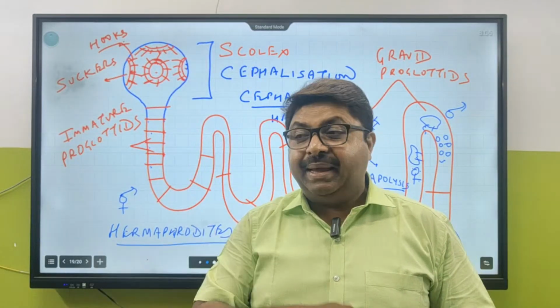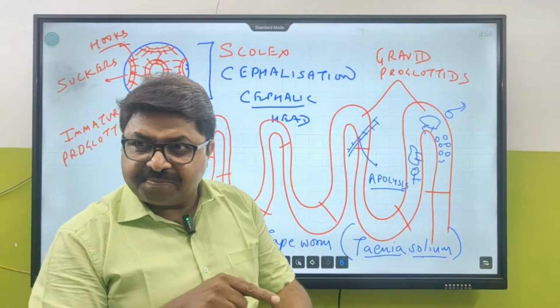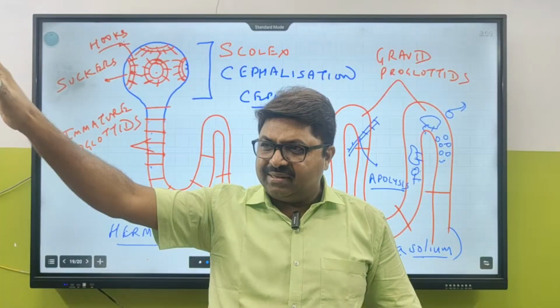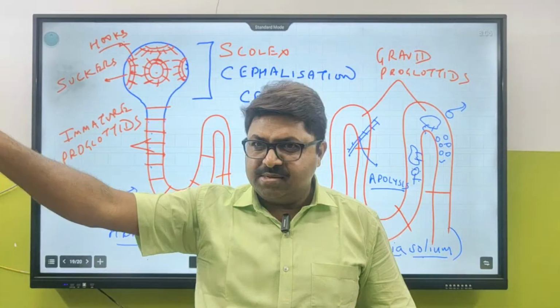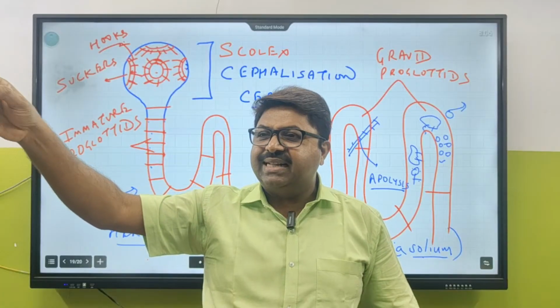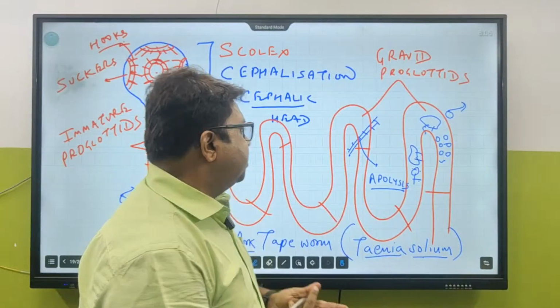Say, for example, the pig has those larvae in the meat, in the flesh. So when a person goes to buy pork meat, pig meat, that particular meat contains the larva of the tapeworm.